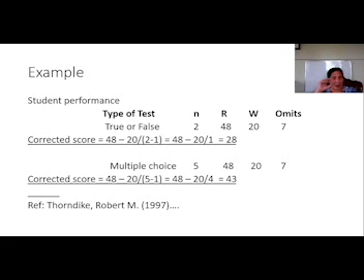Much bigger siya, ano? Much bigger siya kaysa true or false. Maliwanag na po ito. No? Okay? Sige, I assume that you got this right. Ano po ito? Correcting for guessing. And guessing is a source of error.